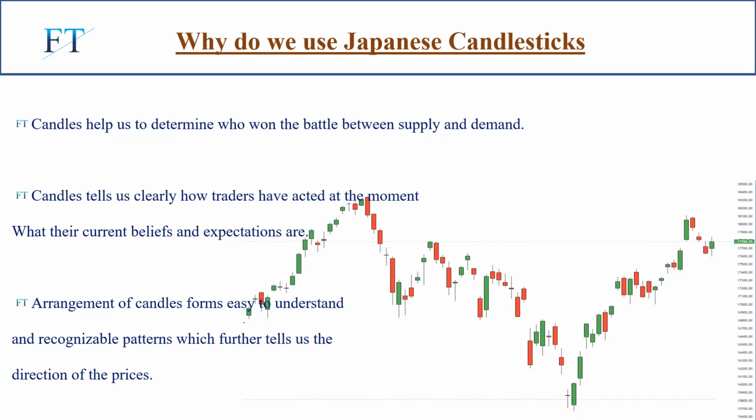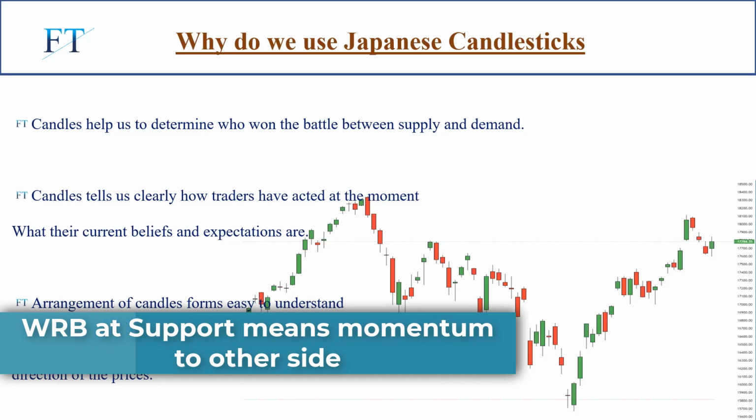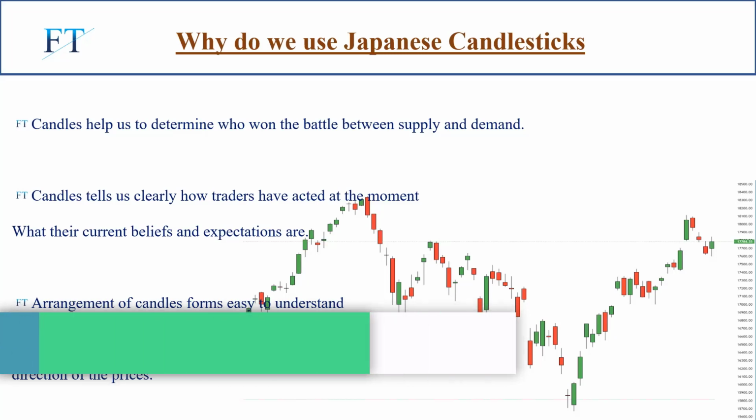The second reason is that it tells us how traders have acted at the moment. So if, let's say, at the support the market is making wide range bars, that shows that the traders are quite aggressive in buying the market.